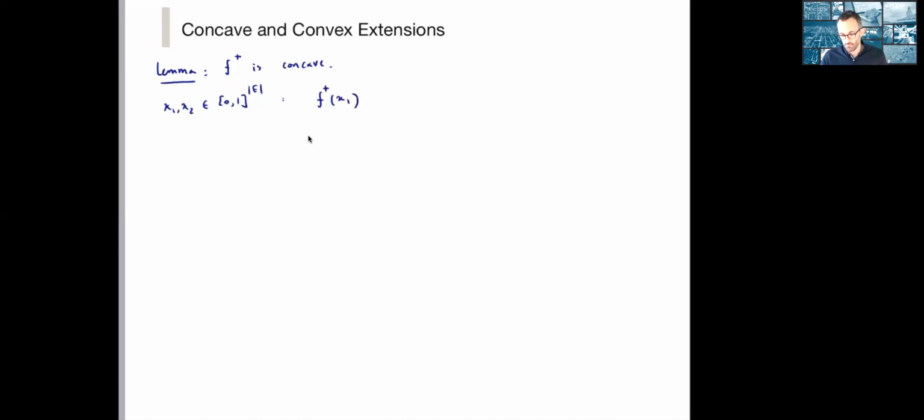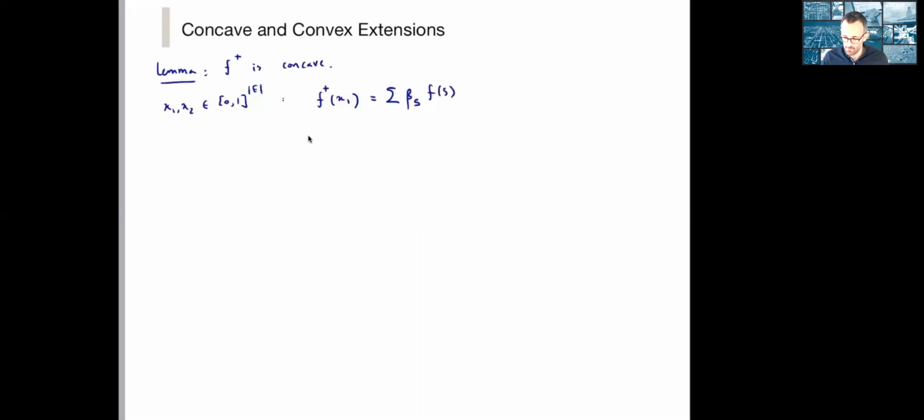Well, I look at all the possible ways to decompose x1 as a convex combination, and I evaluate f on all of those sets. I take the combination of that. So the maximizing convex combination, let me call that beta s, times f of s. And I'm not going to write a max here.